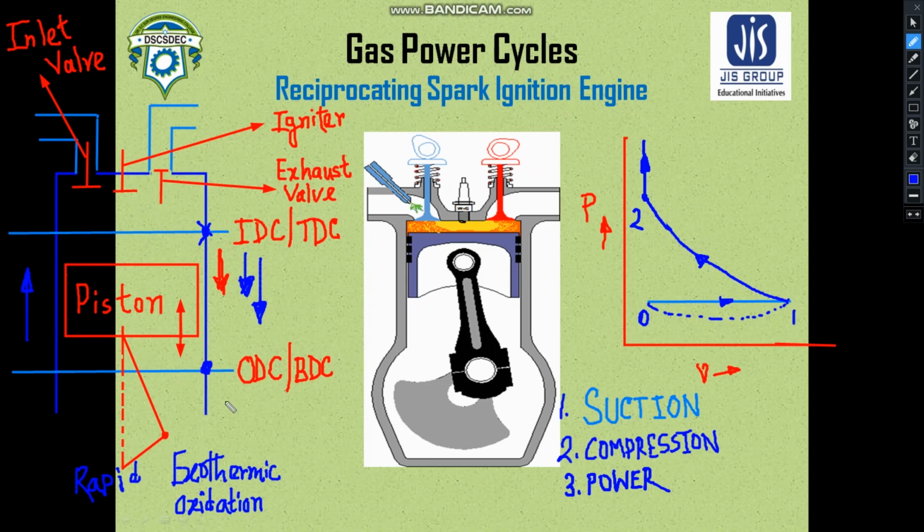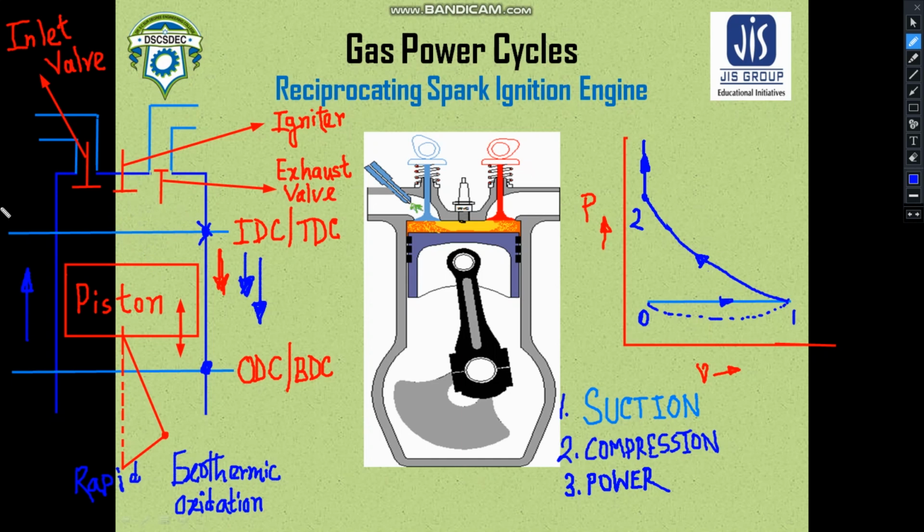And when the piston again moves in the upwards direction after it has reached BDC, moving from BDC to TDC, it will push the products of combustion remaining in this cylinder outside of the cylinder, and the fresh air fuel mixture will be taken into the system, so that this cycle repeats.